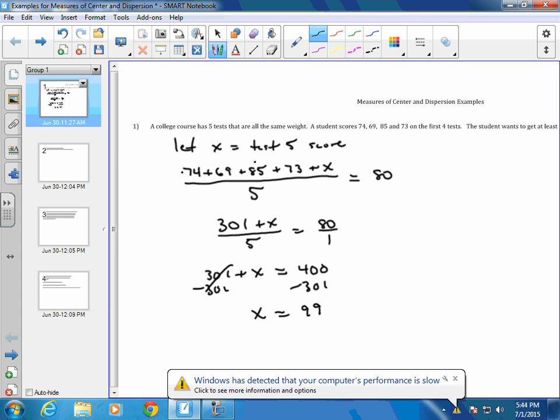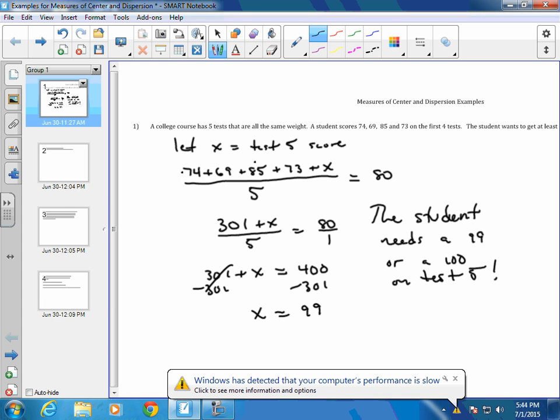So it looks like getting that 80% is going to be pretty tough here, because this really means that the student needs a 99 or a 100 on test 5. They need a 99 or higher to get that 80%.